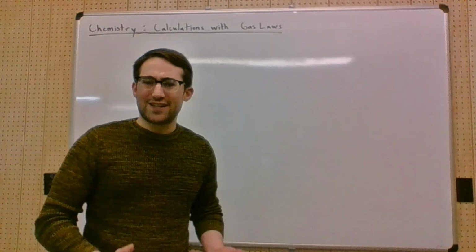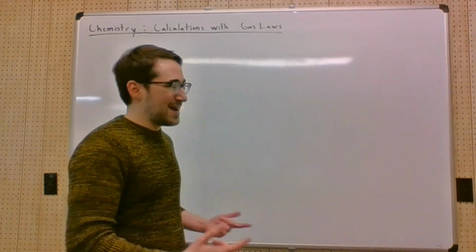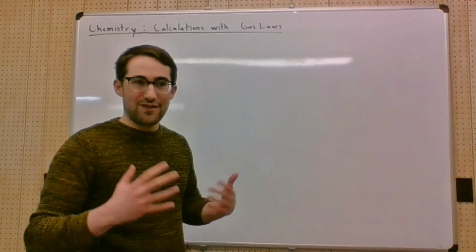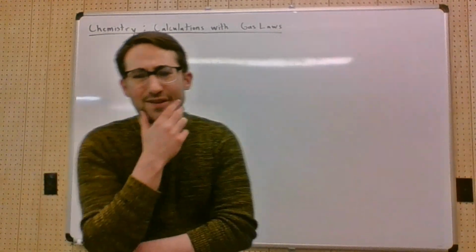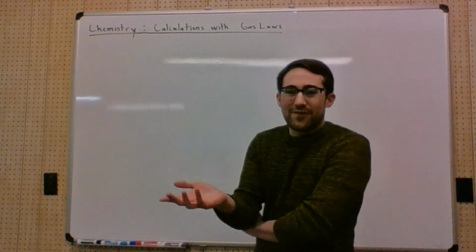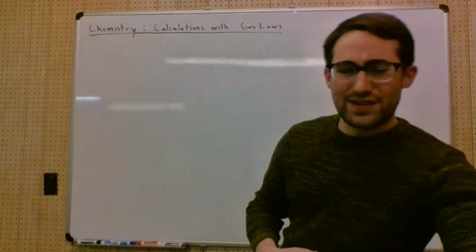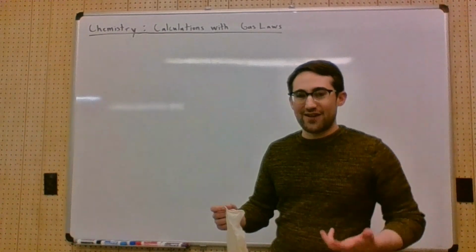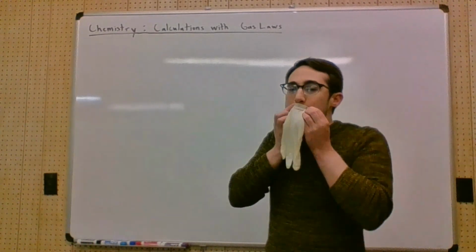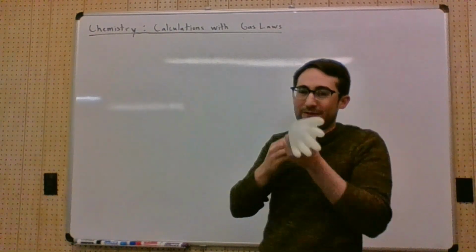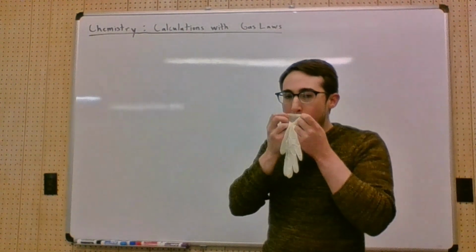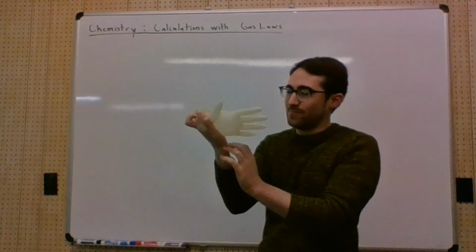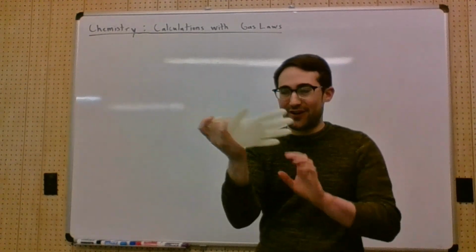But the amount of a gas also plays into this. So this last part here is going to be about that, how the amount of a gas affects the volume of a gas. Okay, so it should be pretty self-explanatory. If you think of a balloon, or in this case, I've just got a rubber glove, if your amount of gas in a container is increasing, then the volume of that gas should also increase.